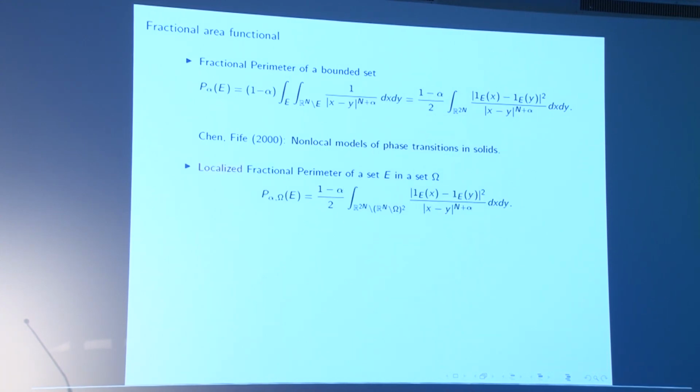So you may also localize this energy in order to study something that I would call a non-local Plateau's problem. As I said before, Plateau's problem is when you have a fixed curve and you want to minimize area in such a way that the boundary of your surface is precisely the curve.